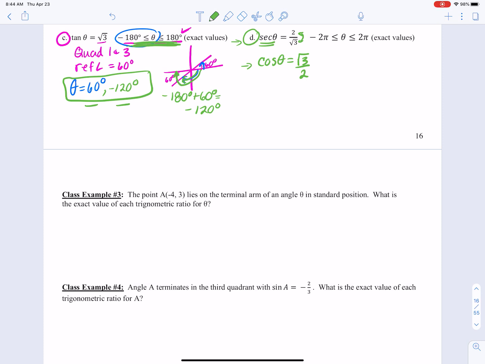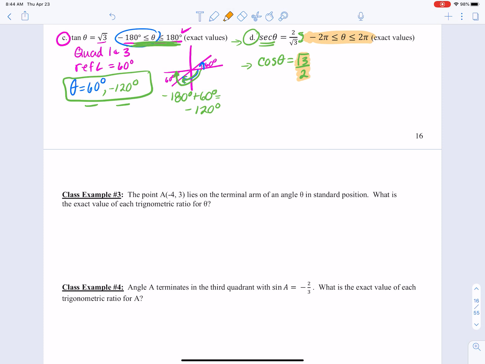Now, there's two ways to solve this. If you notice, this is actually a ratio on the unit circle. So if you take a look on the unit circle, you're going to be able to find it and answer part of this question.